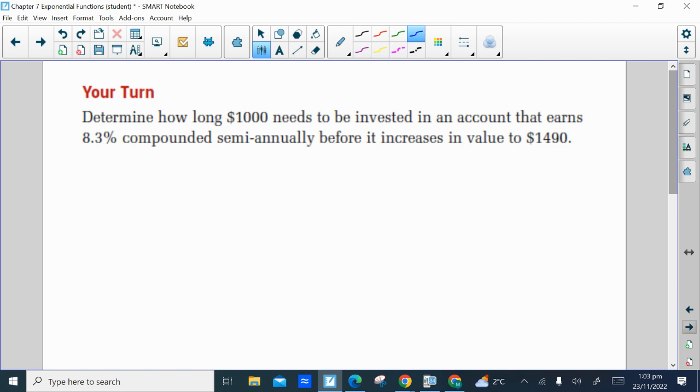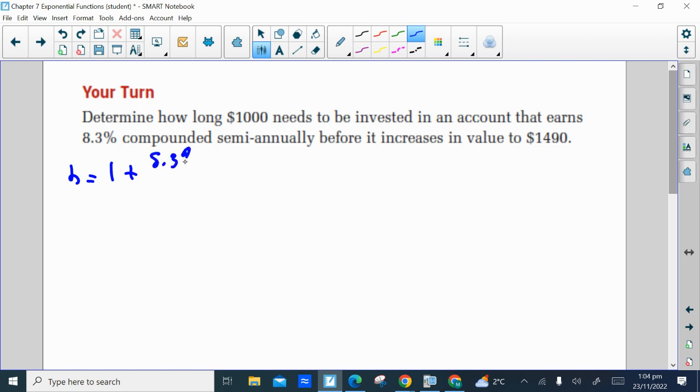Determine how long $1,000 needs to be invested into an account that earns 8.3% compounded semi-annually before it increases in value to $1,490. So in this case here, the growth rate B will be 1 plus, because it's 100% of what you had, plus, in this case, 8.3% more, but that's compounded semi-annually.